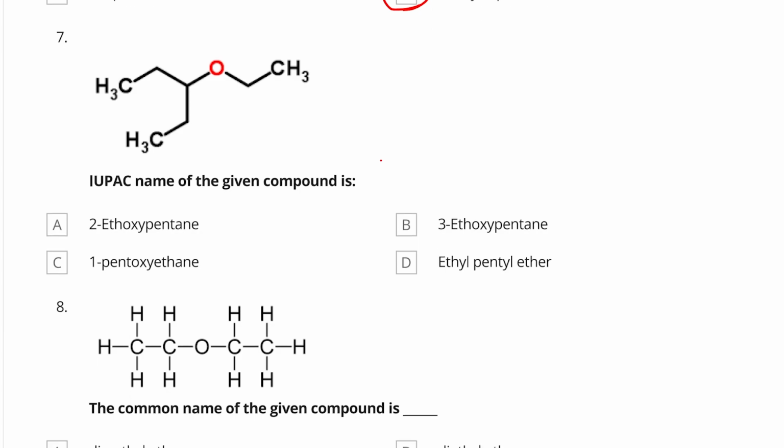Question 7. IUPAC name of the given compound. Yes, as you see in the red color, there is an oxygen atom here, which is a heteroatom, single bonded to 2 carbon backbones. So this is an R, and here we have the second R, which makes an ether. So remember the IUPAC naming rules for the position or the priority of ether.